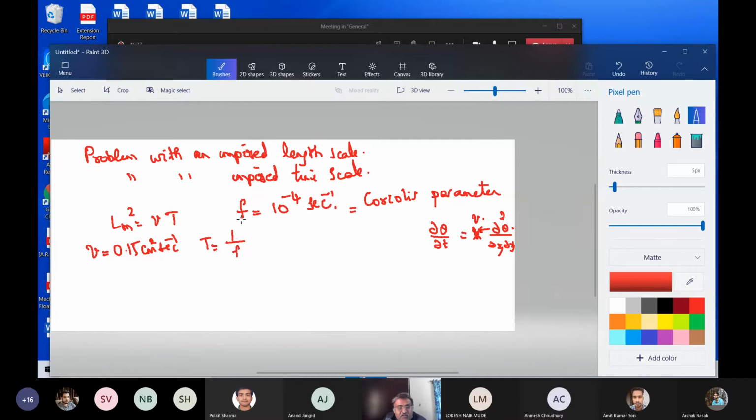This is the angular velocity, so 1 by f will give you the time scale. Again there is some 2 pi and all that, but remember that these are all order of magnitude analysis. So 10 raised to 4 seconds, and this gives Lm, which is equal to this into this, about 40 centimeter.